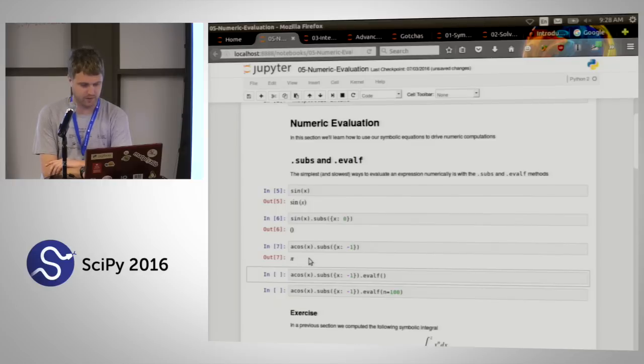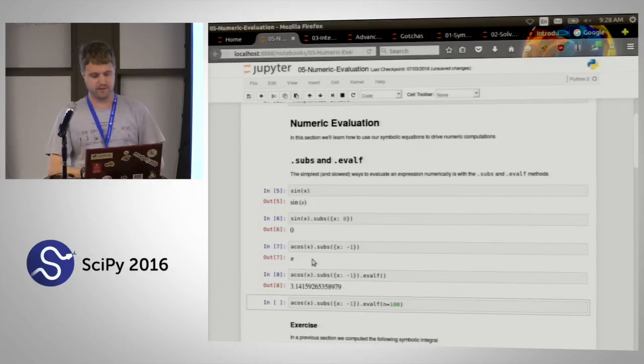And now if I want to know the numeric value of that, use this evalf method. And evalf will take an expression and numerically evaluate all of the numerical things in the expression. And so, like I said, mpmath, which is what SymPy is using under the hood here, has arbitrary precision numerics, which means that you can take any number of digits for any expression that you want.